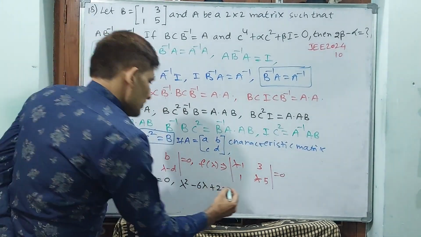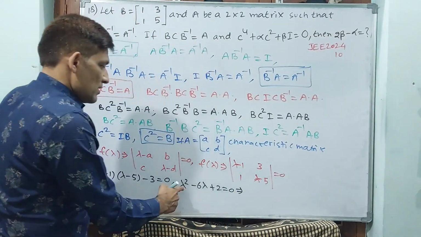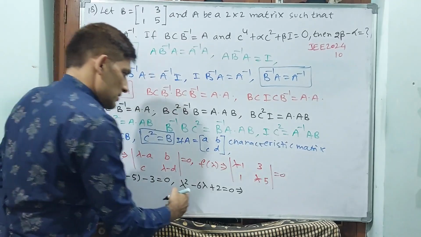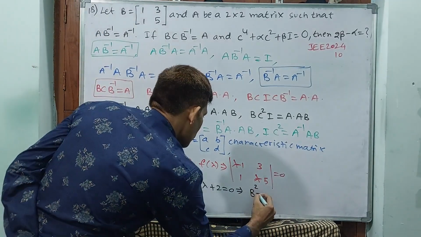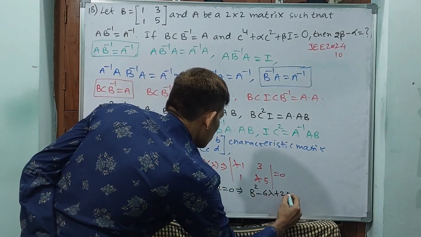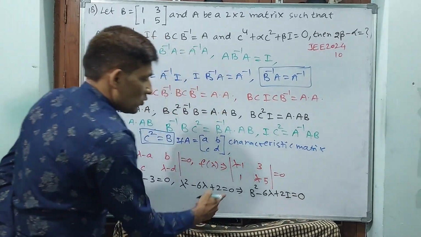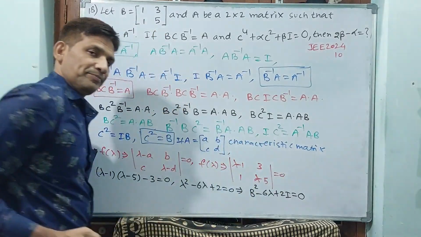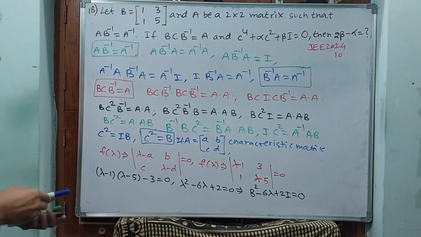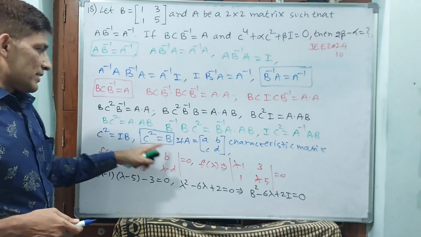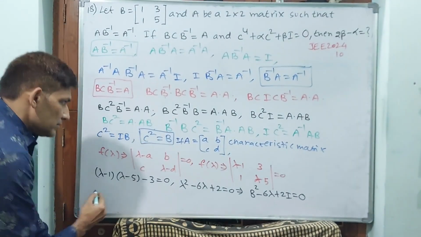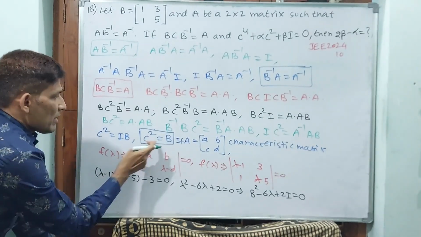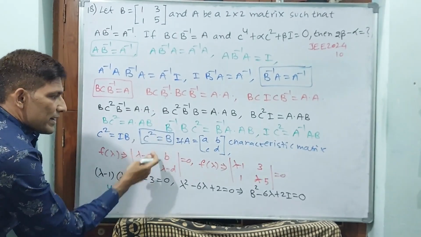See, in this characteristic equation, lambda you replace with B. Why? Because for B only we have made it. That implies B square minus 6 B plus 2I is equal to O. Don't write 0, you write O. Don't write 2, you write 2I. Now what is B? B is C square. B square means C to the power of 4, because B square means C square squared.